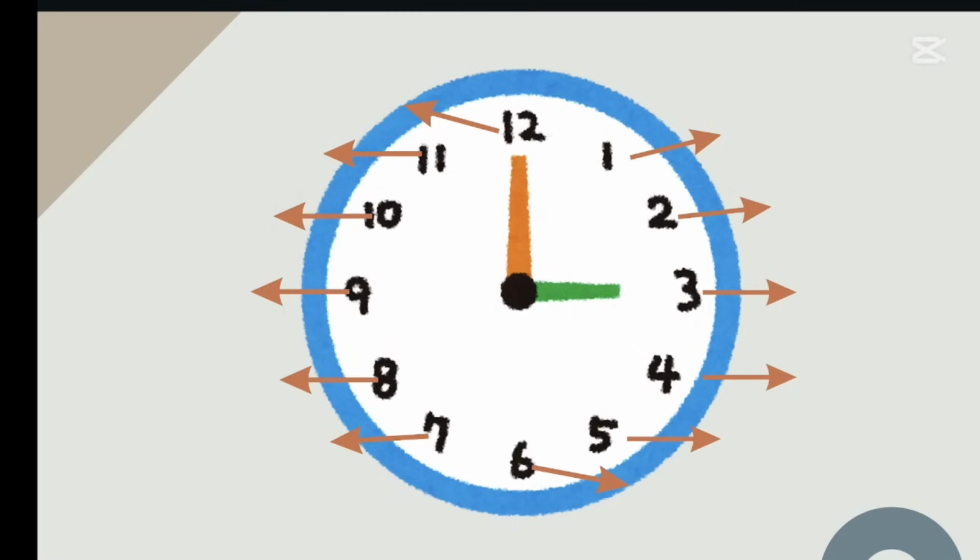Meaning the number 1 on our clock already stands for 5 minutes, while 2 is for 10 minutes. 3 is for 15 minutes. 4 is for 20 minutes.